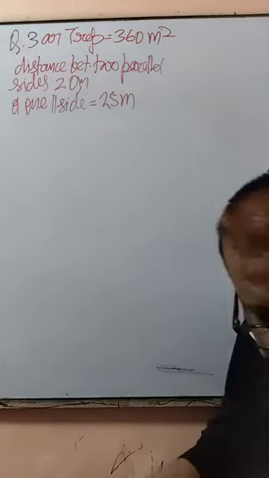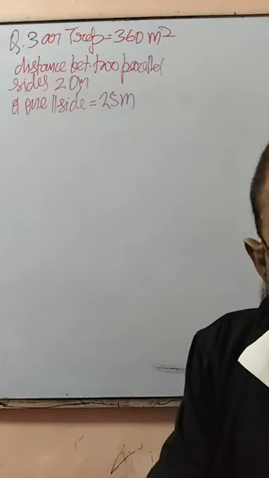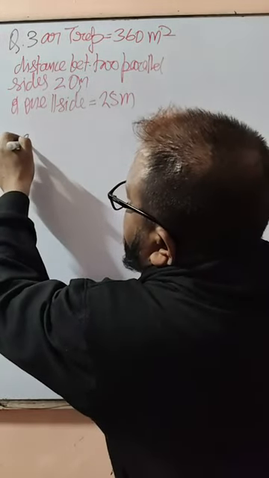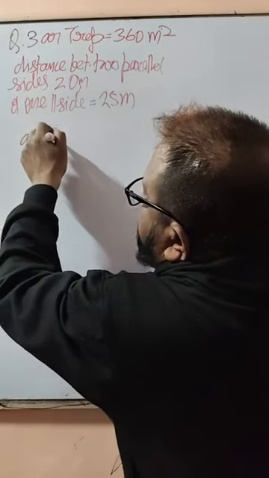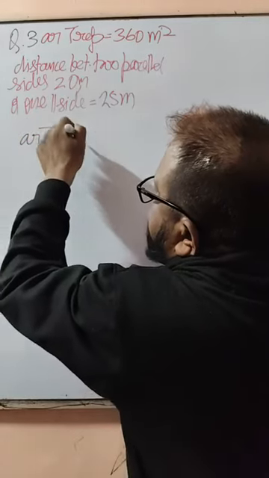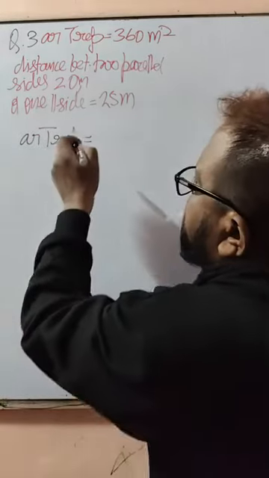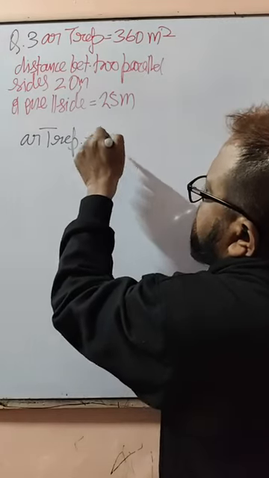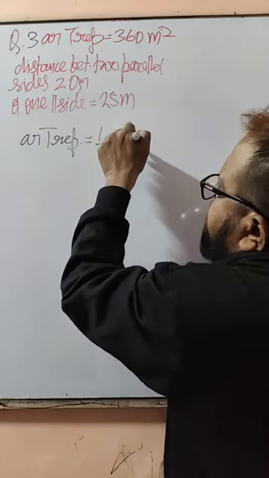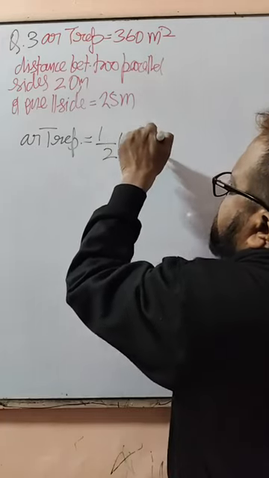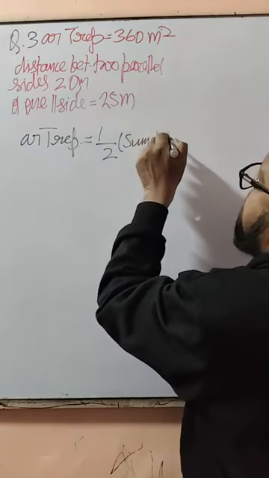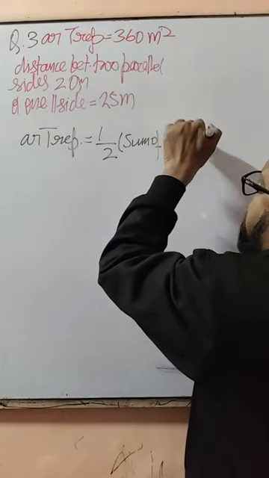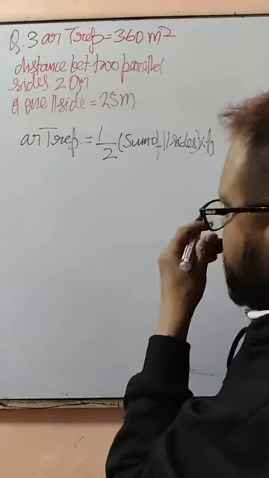Now area of trapezium is 1/2 sum of parallel sides into height, right?